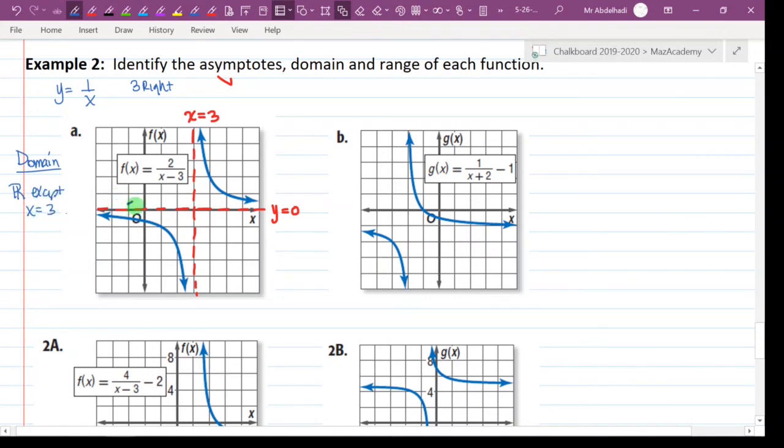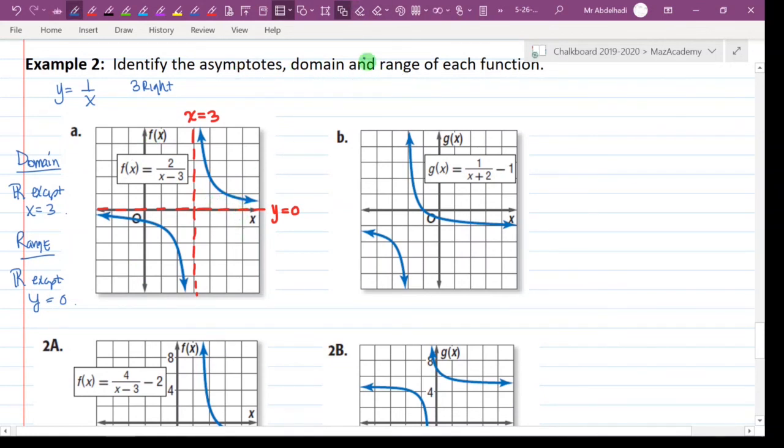What's the range? Well, range means vertically, up and down. This goes down forever, but it never gets past y equals 0 here. It never touches that. And on the other side, it goes up forever, but once again, y can never equal 0. So the range is all real numbers except y equals 0. And there you go. That's the asymptotes, domain, and range for that problem.